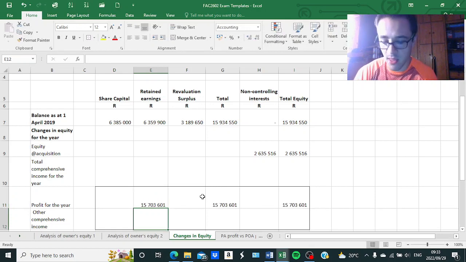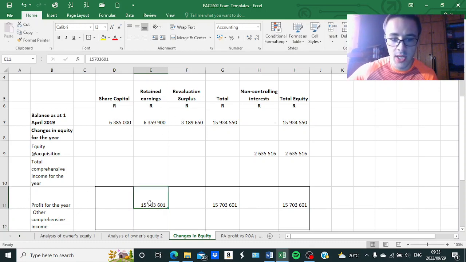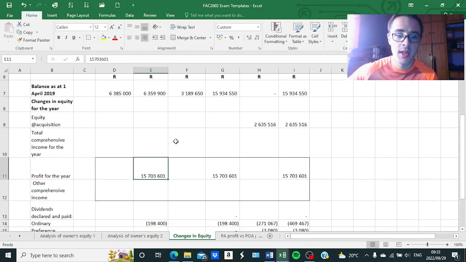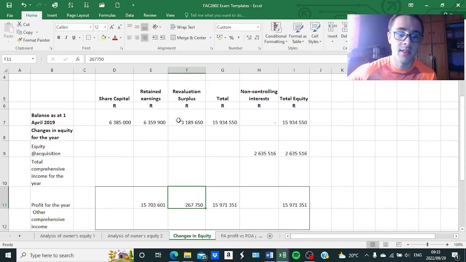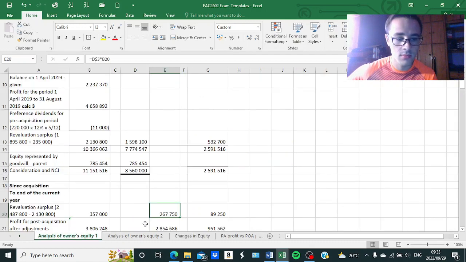Okay, so this is the amount that represents profit for the year, attributable to owners of the parent, 15,703,601, and the other amount of 267,750. This represents the parent's share in the current year's revaluation surplus, which we have calculated here in our analysis of owner's equity.